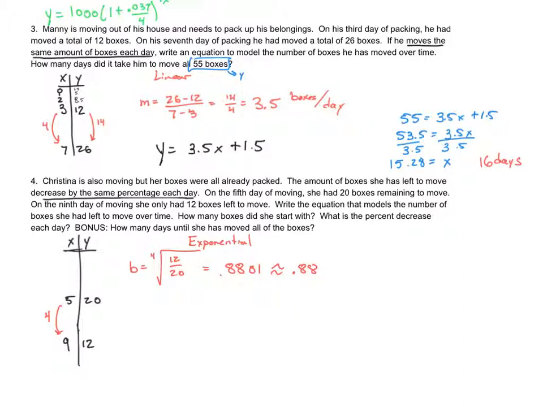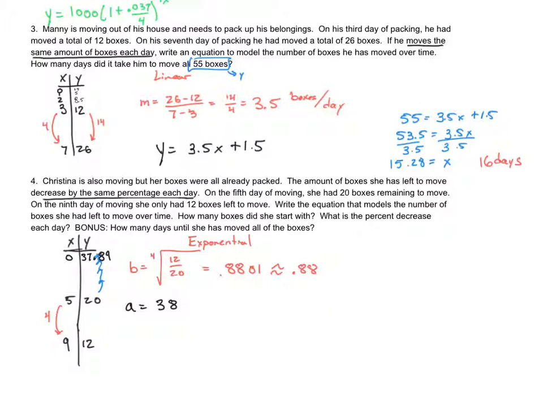So from there you have to divide actually 5 times. So if you go on your graphing calculator and do that, you would take 20 and you would divide by 0.88 and you would do it again and again and again. On that day 0, what you end up with is 37.898 boxes, which we would really round up and say that our initial value would be 38 boxes.